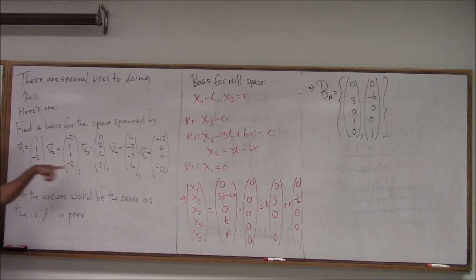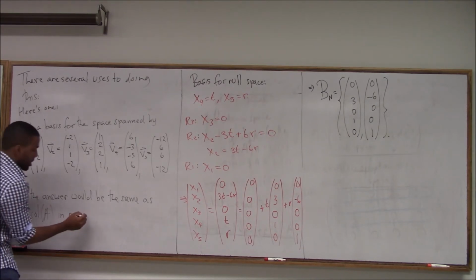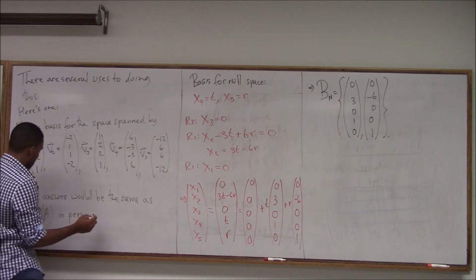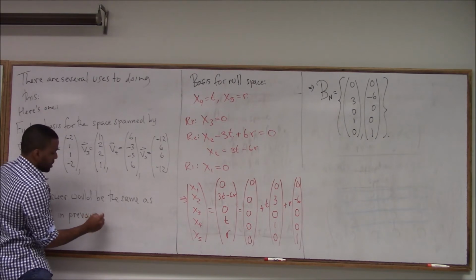Notice that what I just did, I took the individual columns of A. So you could have been given these as 5 separate vectors in R4, and the question is, what space do these guys span, right? And you'll notice that they only span a 3-dimensional subspace of R4, which means, for example, I could not take this list of vectors as a basis in the previous example.